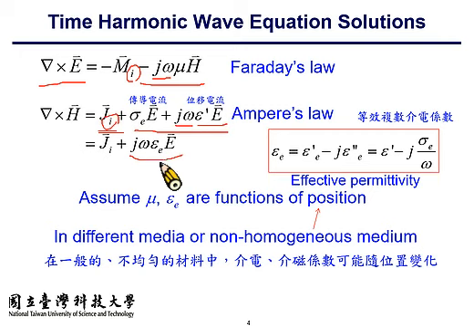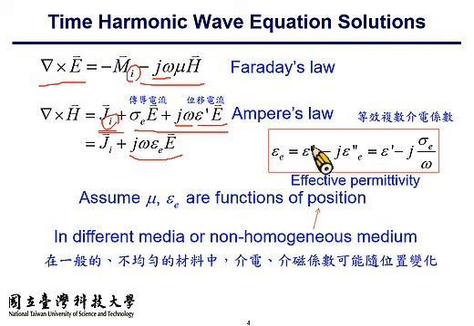And now you can identify epsilon E as the so-called effective permittivity. Epsilon sub E is the effective permittivity. It's a complex number, so it has a real part and an imaginary part.